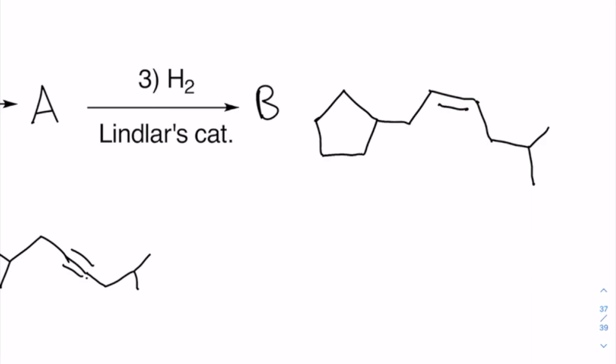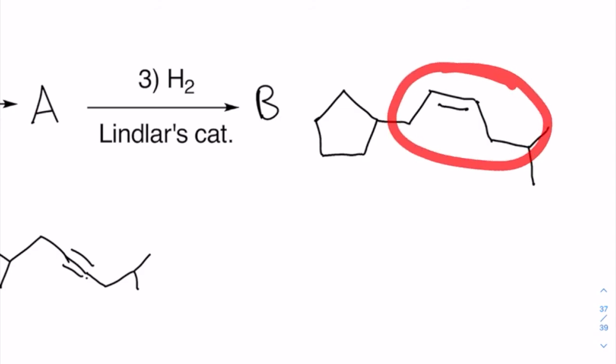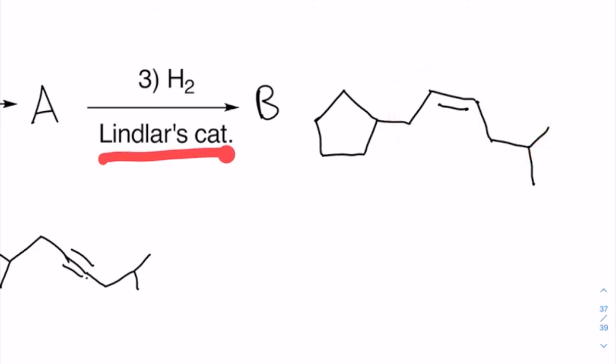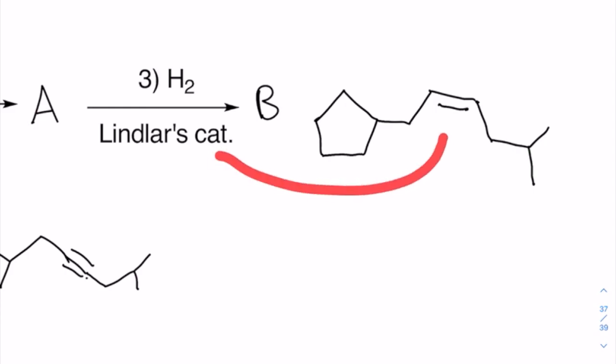To be clear, this is wrong. This is trans. That is not a product of this reaction. It has to be in the cis configuration because Lindlar's catalyst pushes to that configuration. It does not do the trans configuration. So there is your major product.